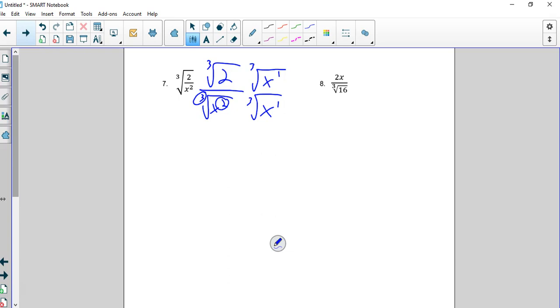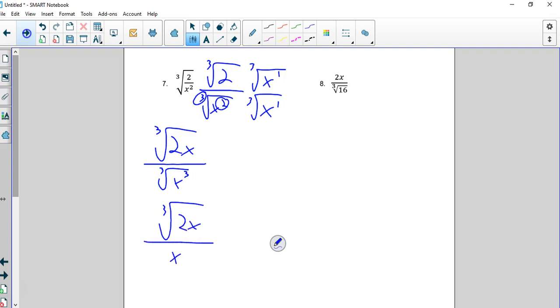What that gives us on the top is the cube root of 2x. On the bottom, we're going to get the cube root of x cubed, which is then going to simplify to simply x. So we made the 3, we put in a third one so they could come out in groups of 3. And no, again, the x cannot cancel with the x under the radical.